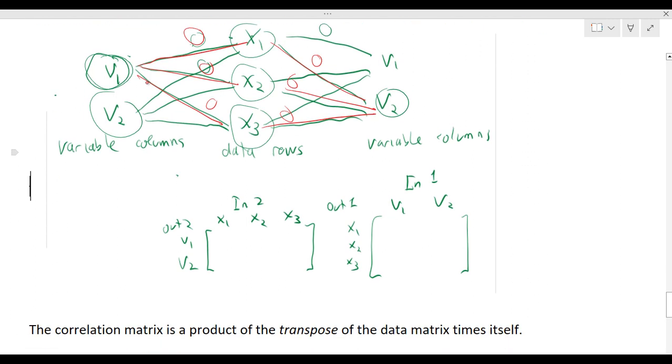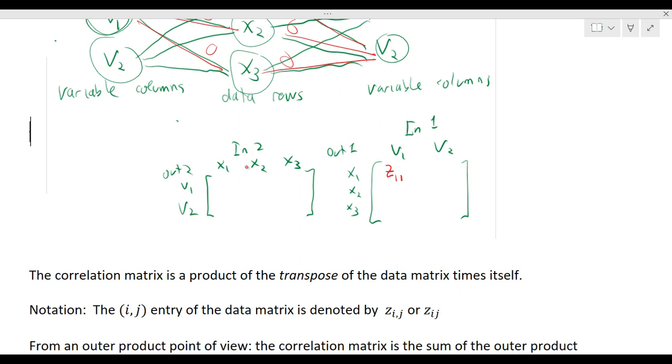We need some way of notating the entries of this data matrix. And what's typically done is the entries of the matrix are specified by a letter and then two indices. The first index is the row index, and the second index is the column index. And that's actually what I indicate down here.